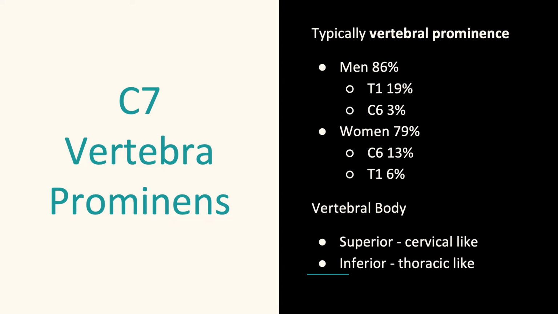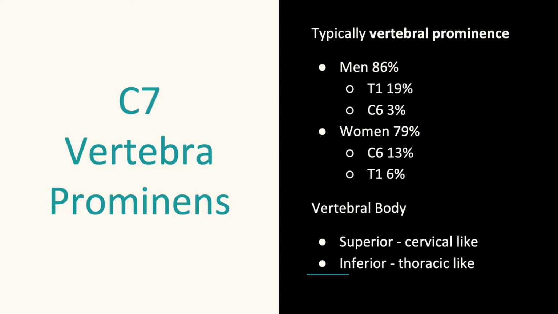So you want to know that C7, the AKA for that is the vertebra prominens. And obviously, as a distractor, the vertebral prominence, which is written on the top of this slide, is going to be used as a distractor. So vertebra prominens is a name, and vertebral prominence is an anatomical landmark. So know the difference there.